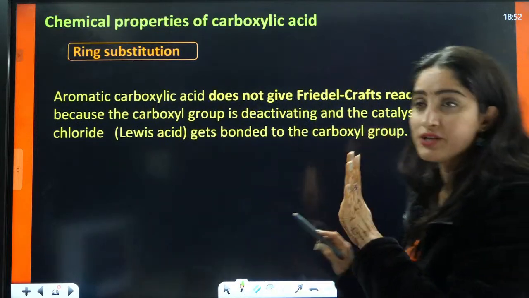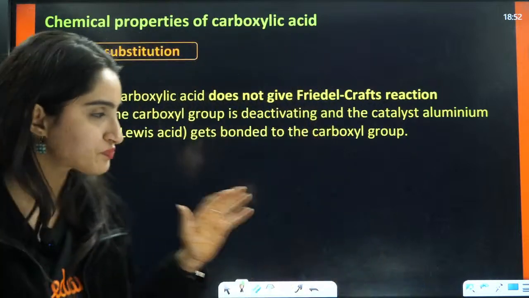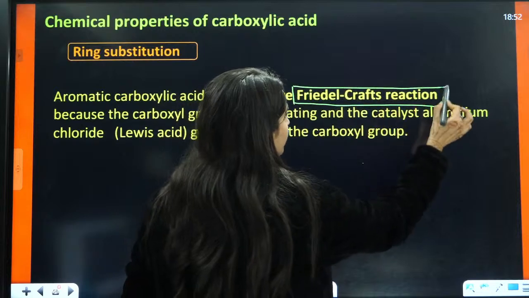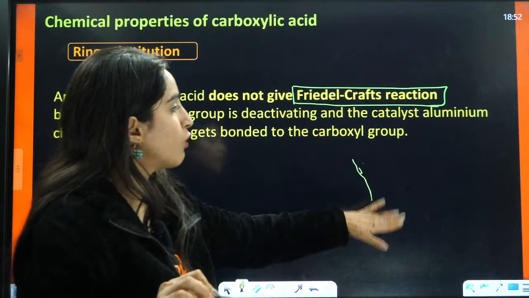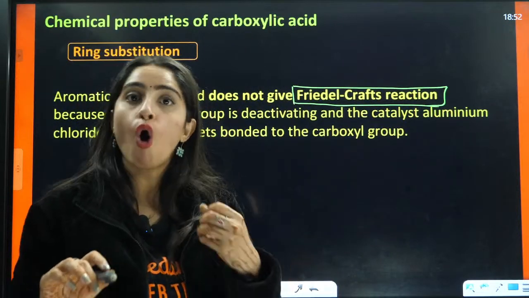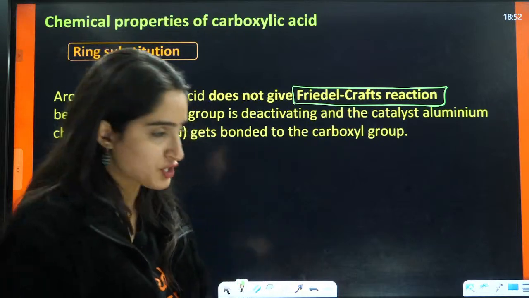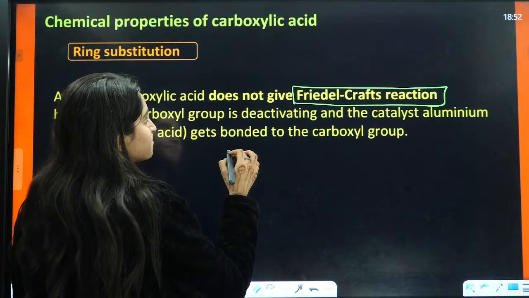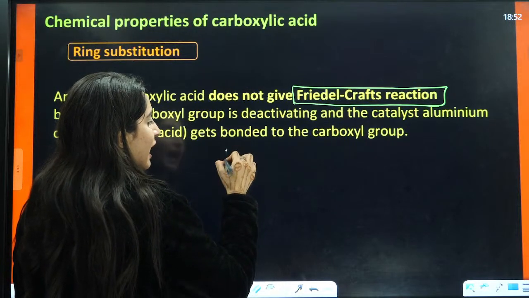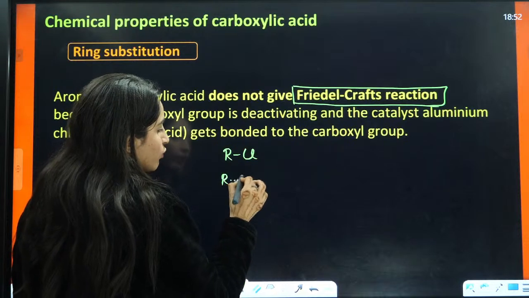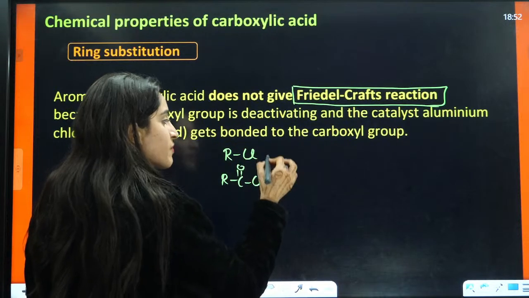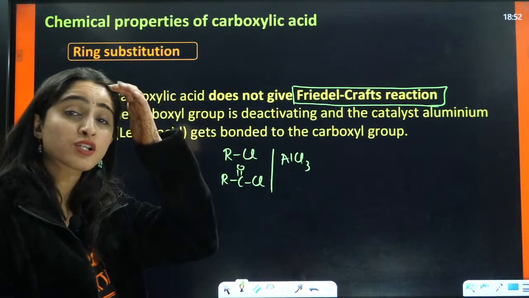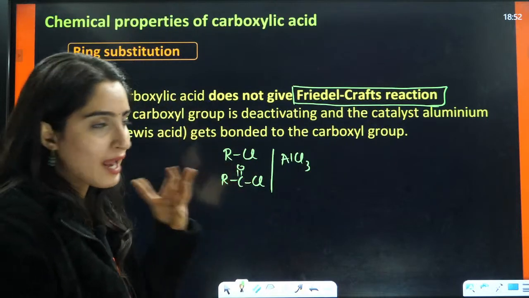Next is a very important line; a question can be asked from this line. They will not show Friedel-Crafts reactions, whether you talk about Friedel-Crafts alkylation or acylation. What are Friedel-Crafts reactions? When you add any alkyl chloride or acyl chloride in the presence of anhydrous AlCl3, that is called Friedel-Crafts alkylation or acylation.